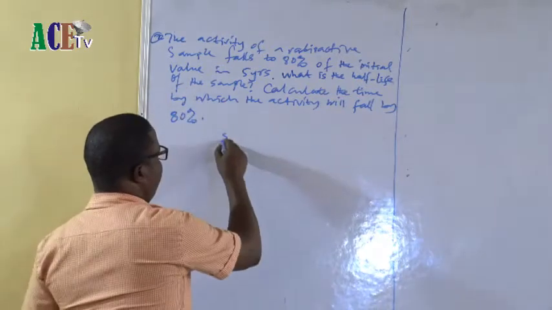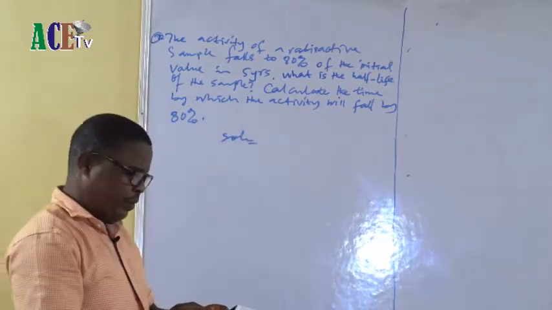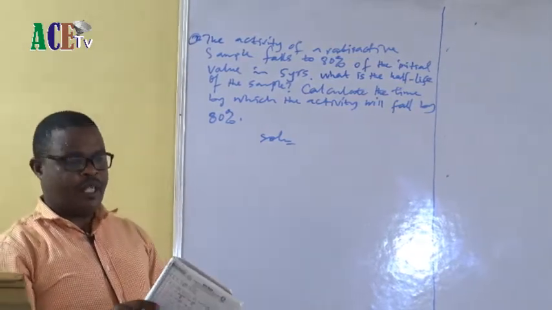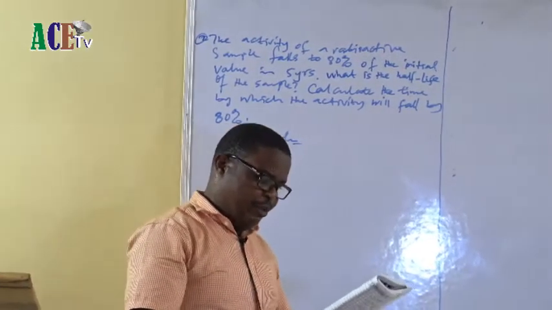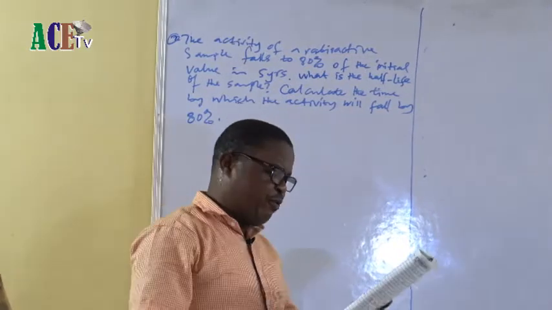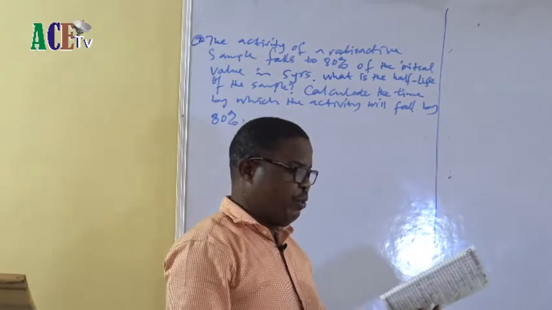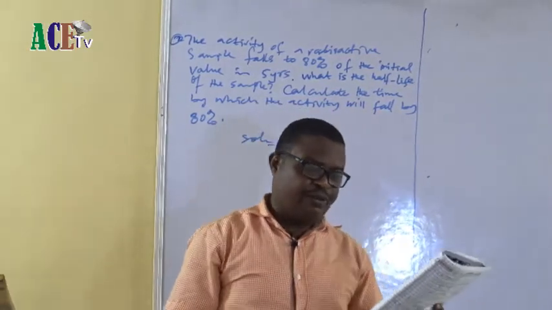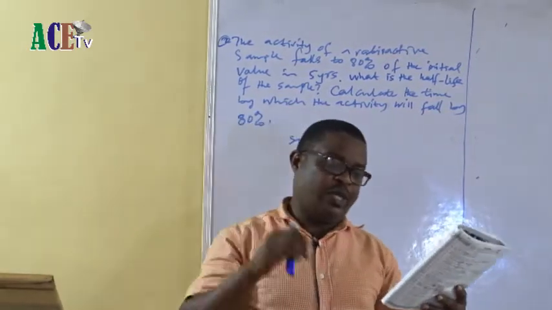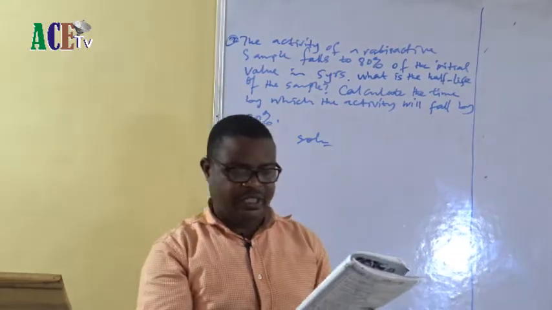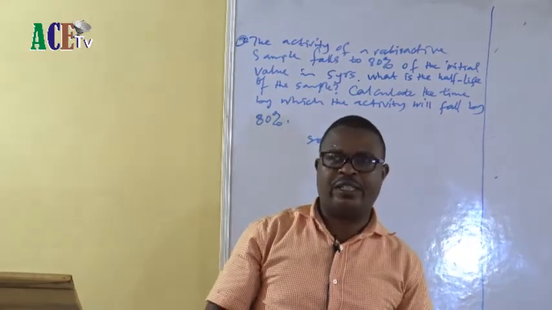So we said the activity falls to 80% of the initial value in 5 years. What is the half-life of the sample? Then we calculate the time by which the activity will fall by 80%.